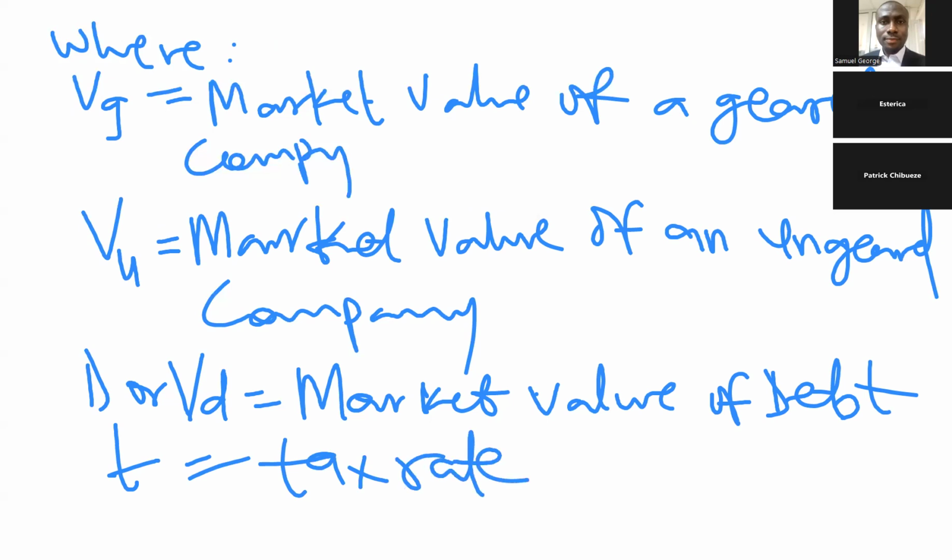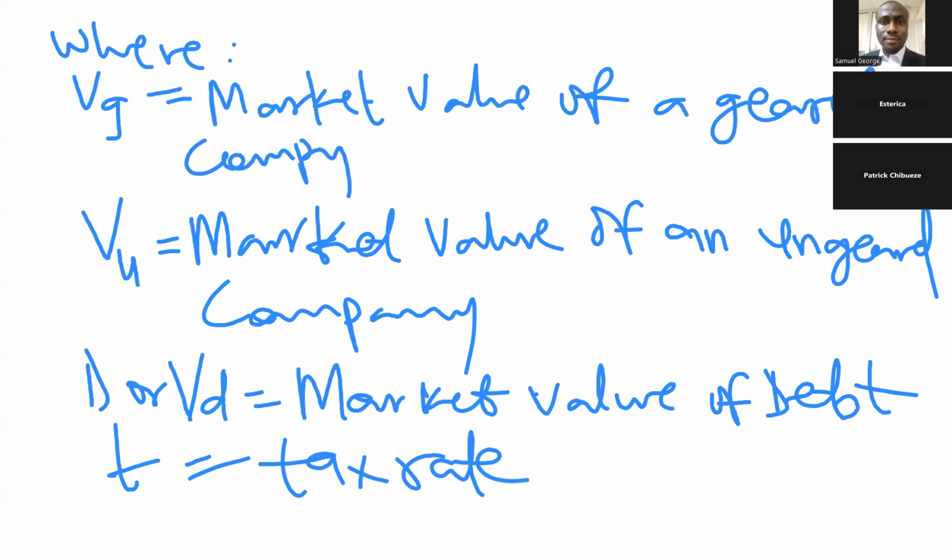So DT now means tax rate times market value of debt. That's DT. You get it? So it is D times T.